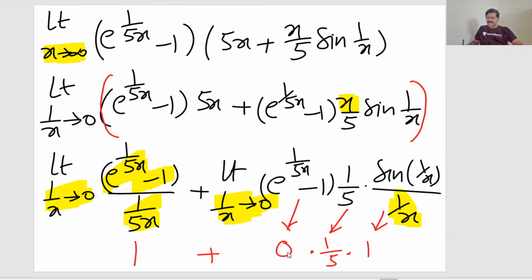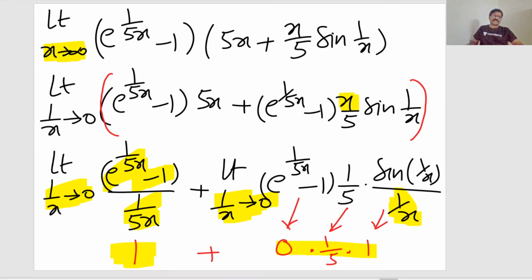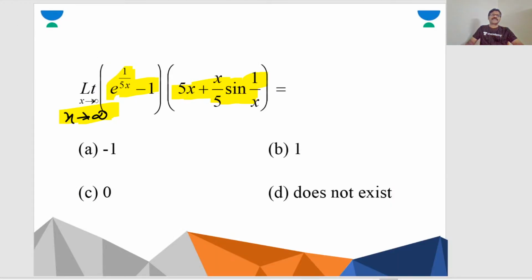Finally, 0 multiplied with 1/5 into 1 will become 0. So here you have 1. So the final answer is 1. Therefore, the correct answer is the second option. Understood?